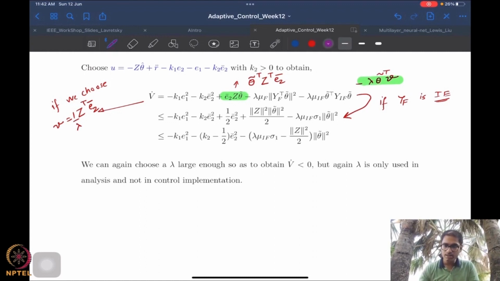If I do that, then this term and this term cancel out. So this term does not exist. All right, I hope this makes sense.